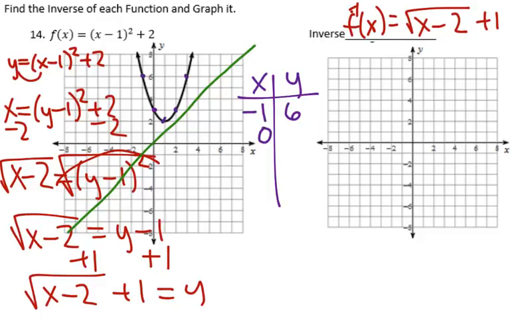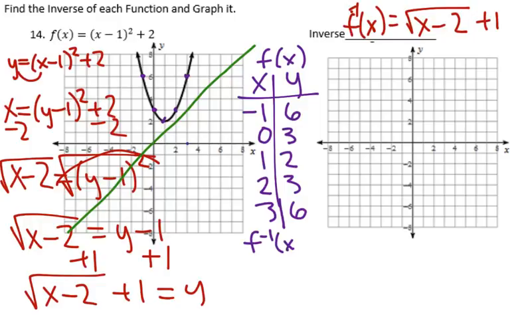We've got 0 for x with 3. We've got 1 for x with 2, then 2, 3, and 3, 6, sorry. 3 up 6.